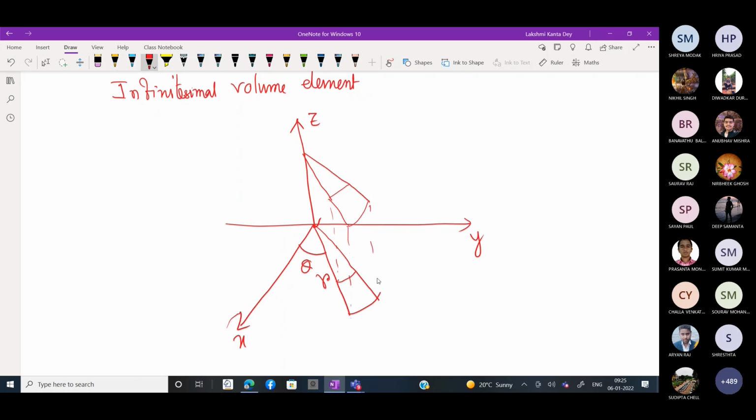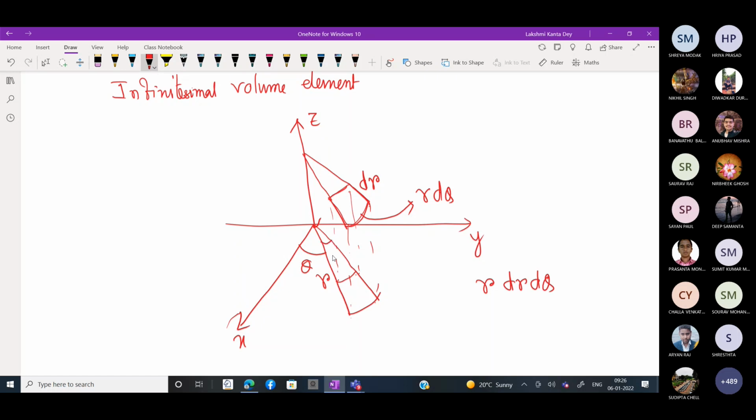This is basically your projection here. Okay, so what is this part? r d theta, and this is your small dr. Okay, so ultimately whatever we can get is r dr d theta.